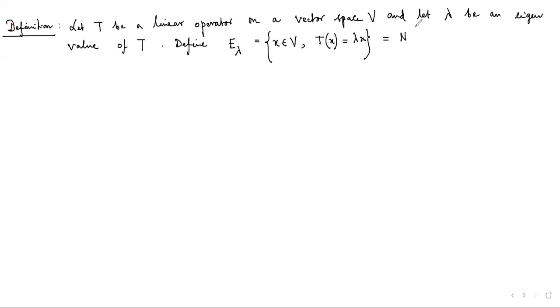That is, it is the set which is the null space of T minus lambda I_V.